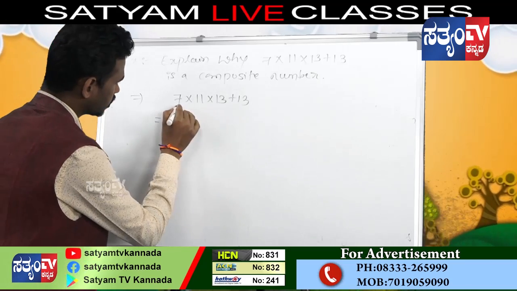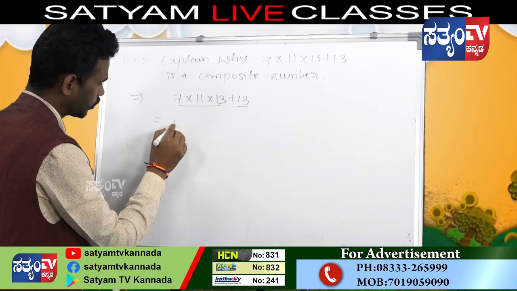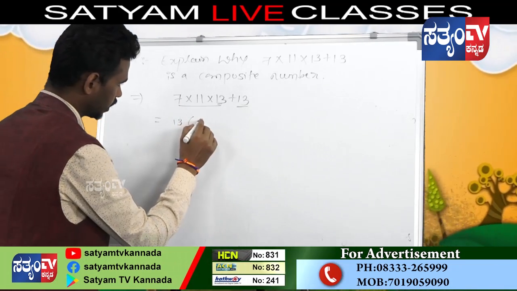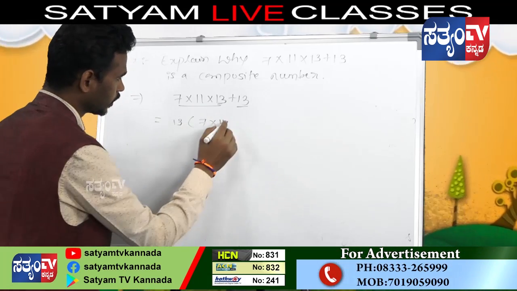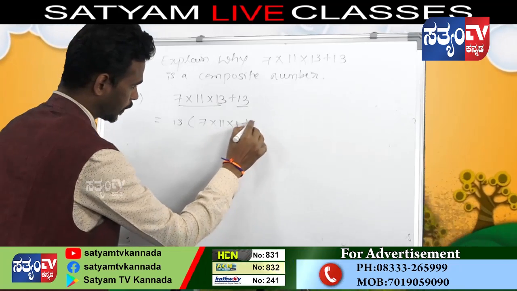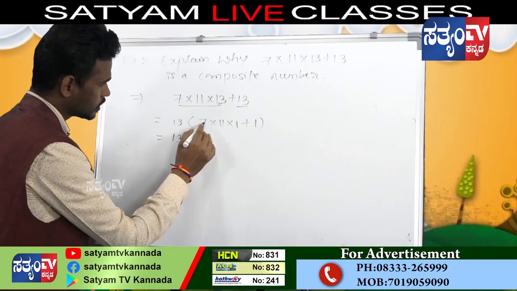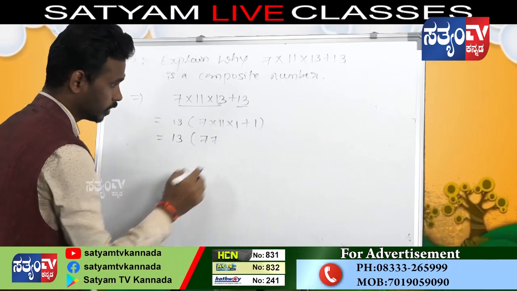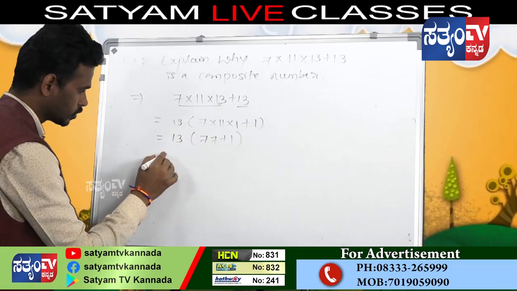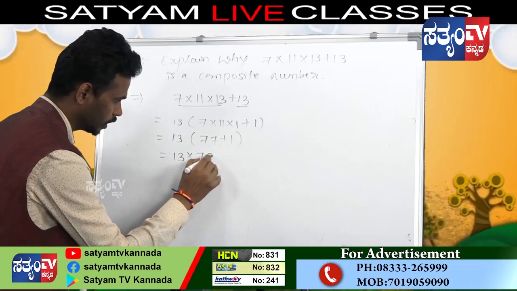Here this is one part and this is the other part. In these two, what is common? 13. So let's take that as common. 13 into, here 7 into 11 into, since we have taken 13 as common, what remains is 1 plus 1. So 13 into, 7 elevens are 77 plus 1, that is 78.